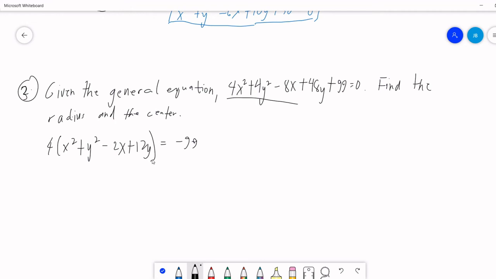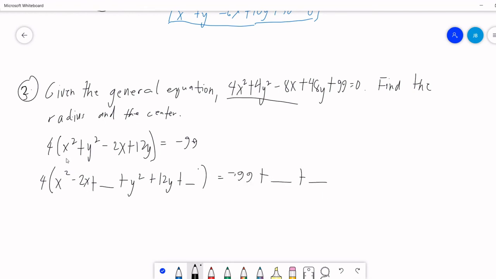Okay. So next step, we are going to use completing the square once again. x squared minus 2x plus blank, plus y squared plus 12y plus blank is equal to negative 99.